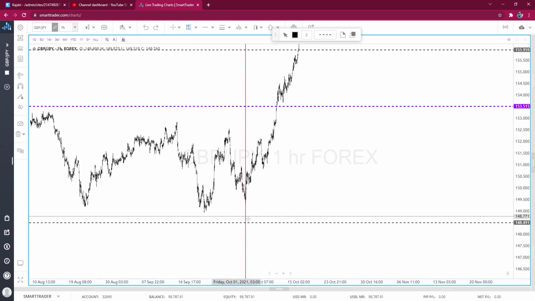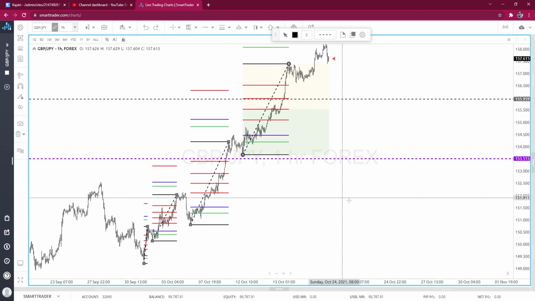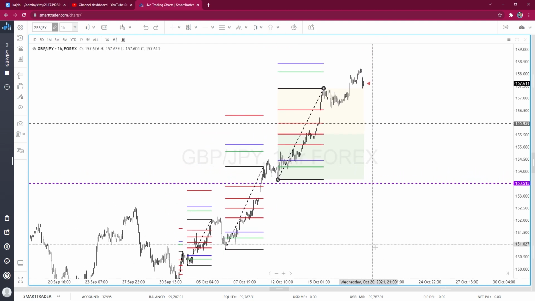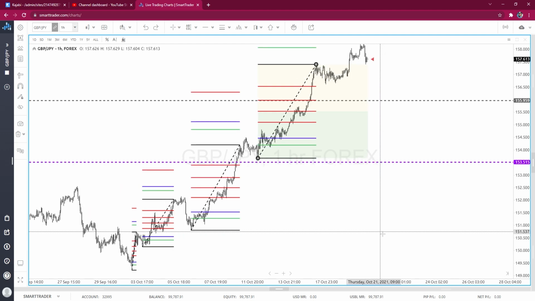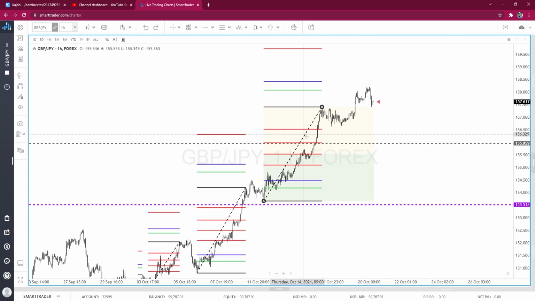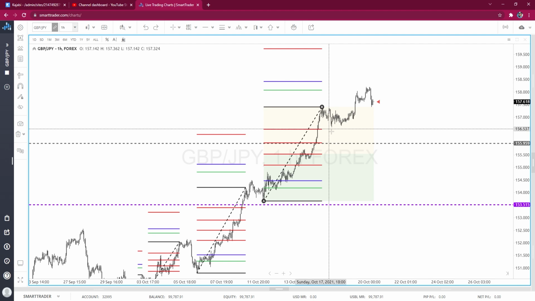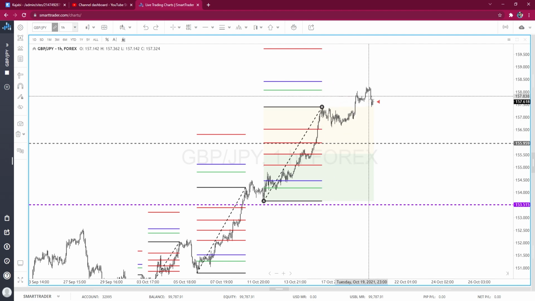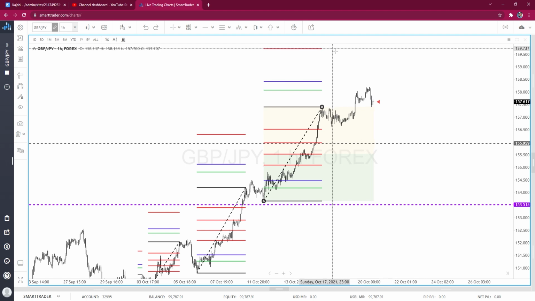I want to see if we have hit some sort of extension on here. Okay, so where price currently is right now. So we have an A, we have a B boundary, we have a less than a 23.6 retracement. And a lot of times when we see that happen, we see that there is not enough momentum to carry price to this red level here.